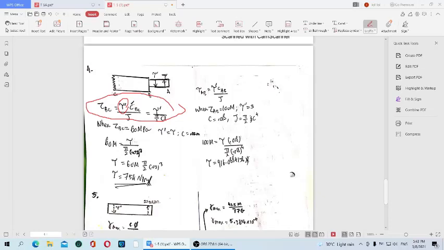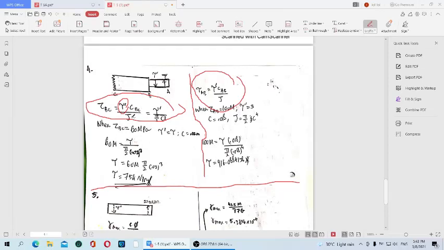You will have two different analyses: for the first one, it is AB, and for the second one, BC. Let's go through BC first. You will have an internal torque T prime that you don't know the value of. You have C, which refers to the radius of shaft BC.